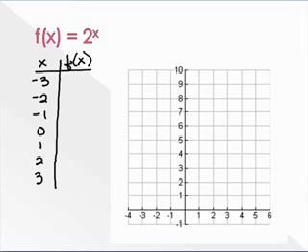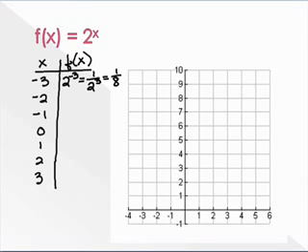Okay, so the first one, if we're going to let x equal -3, then we're trying to evaluate for the y then. We want 2 raised to the -3 power. Well, a negative exponent, we make it positive by bringing the whole power down to the denominator. So we get 1 over 2 to the third, and 2 to the third is 2 times 2 times 2 or 8.